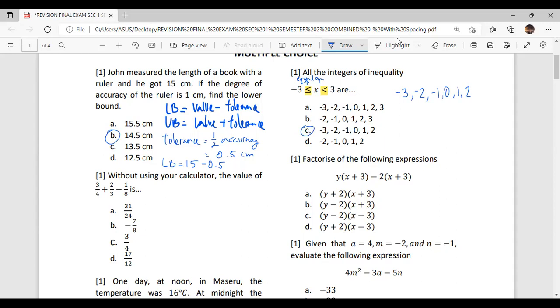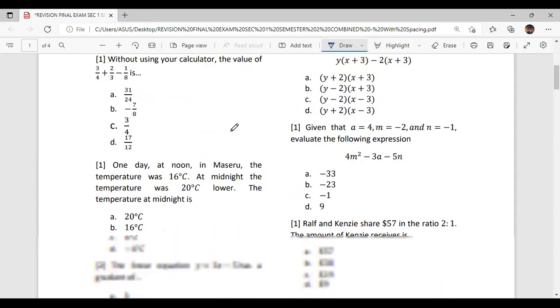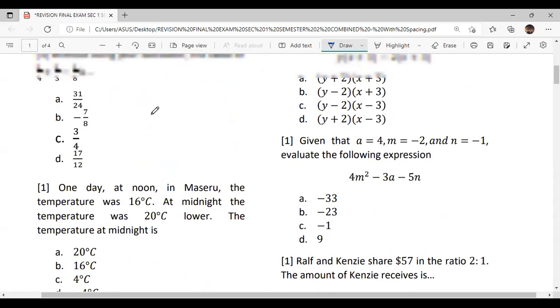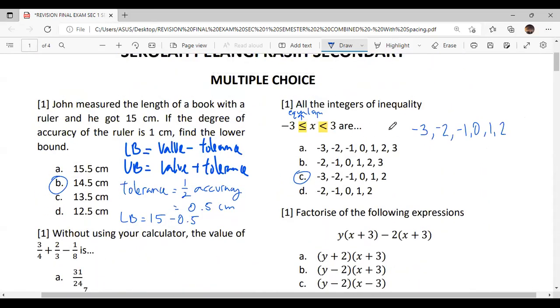Okay, just pick and follow the logic. Oh wait, sir. Yes? If there's a line under it, it's equal to... Yeah, so you read this as less than or equal to. It can be less, it can be equal. So -3 less than or equal to x, and x is less than 3.